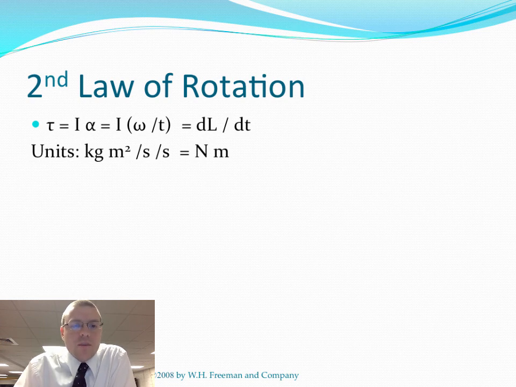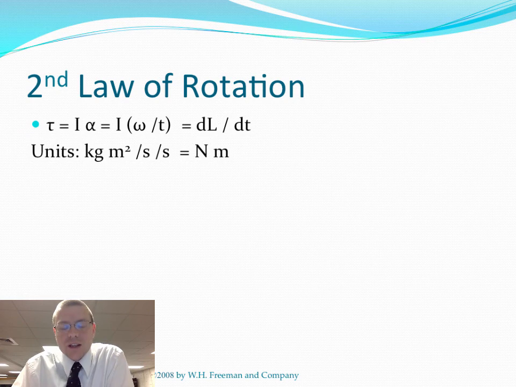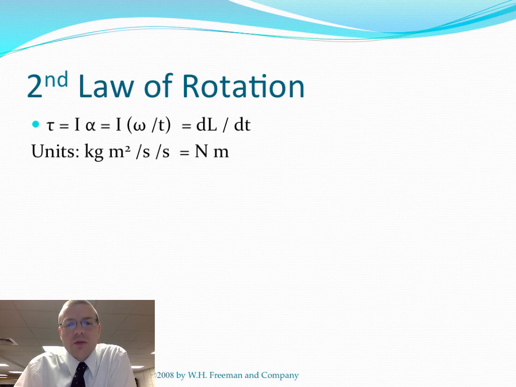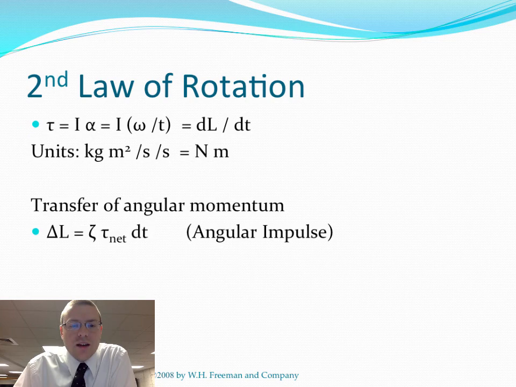Angular momentum is kilogram meter squared per second, so angular momentum per second ends up being a Newton meter again. So the units do work out. And like we said before, if we want to transfer angular momentum, all we have to do is integrate the torque times time and look at our angular impulse for our change in momentum.